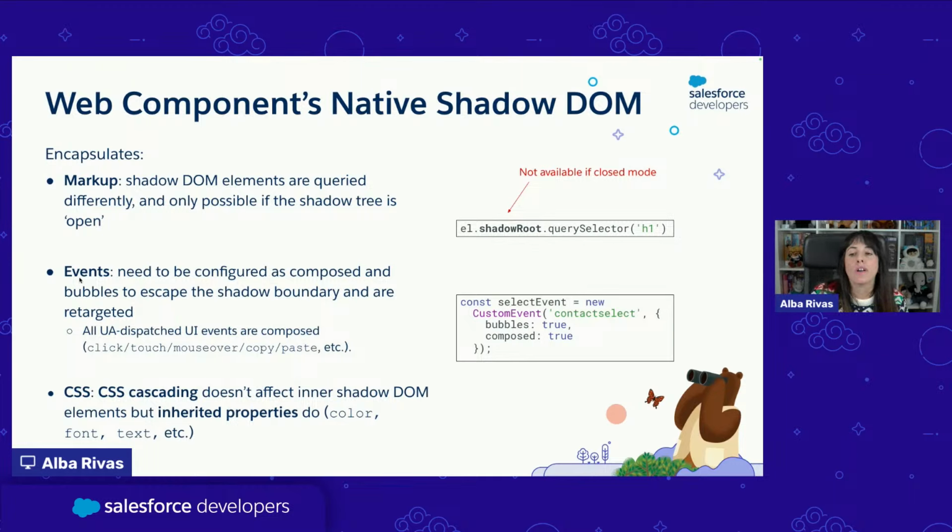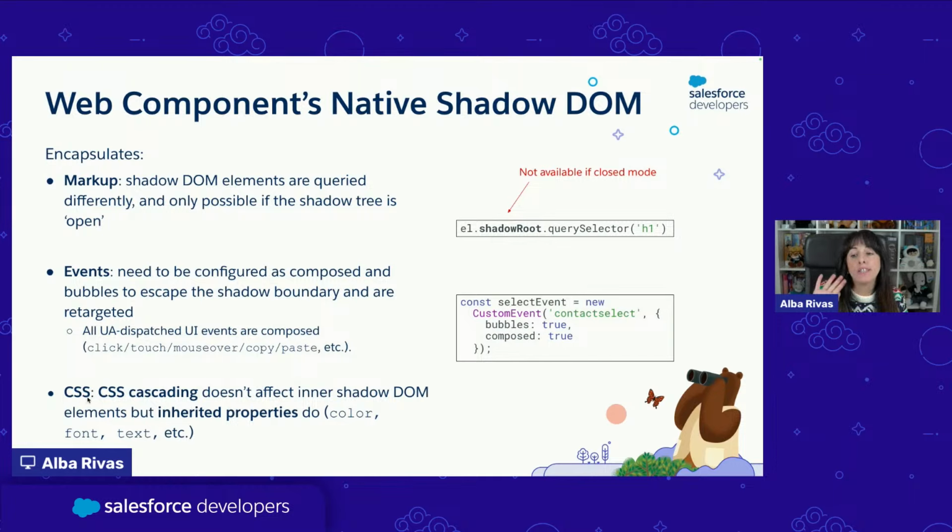Then in regards to events, when you fire events from your Lightning Web Component, shadow DOM is the thing that adds security and prevents your events from going up and escaping the shadow boundary, unless you explicitly specify that, unless you configure your events as bubbles and composed.